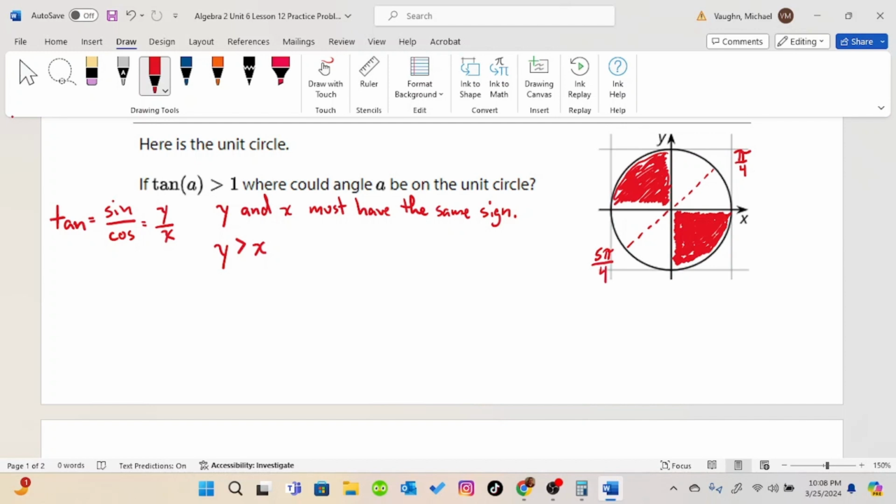So if we look in this bottom half of quadrant 1, x is going to be greater than y. So it cannot be in this area.